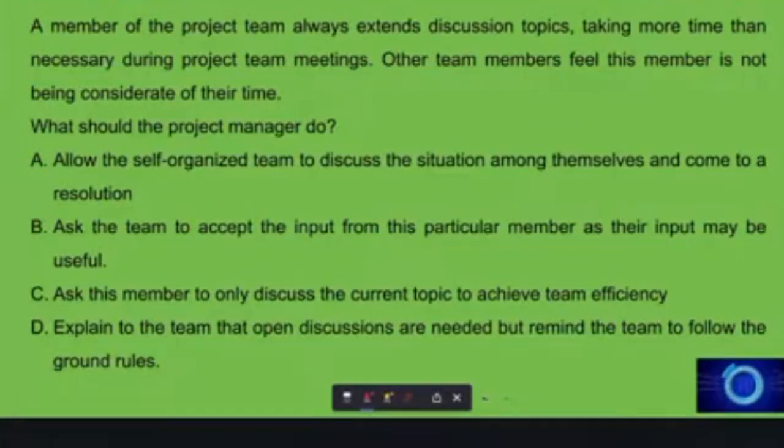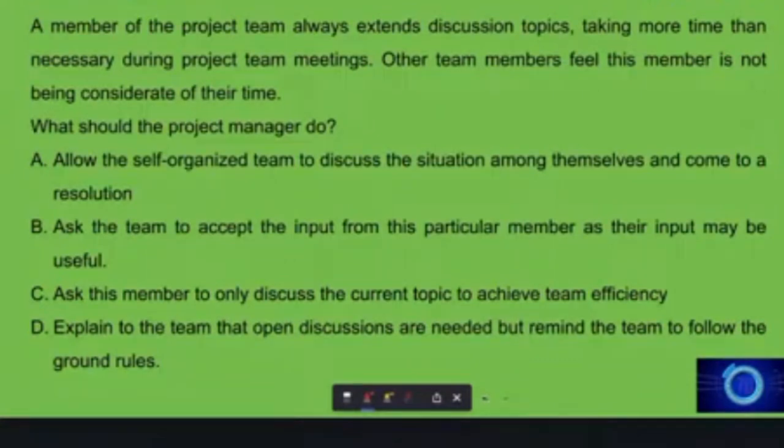A member of the project team always extends discussion topics, taking more time than necessary during project team meetings. Other team members feel this member is not being considerate of their time. What should the project manager do? A. Allow the self-organized team to discuss the situation among themselves and come to a resolution.